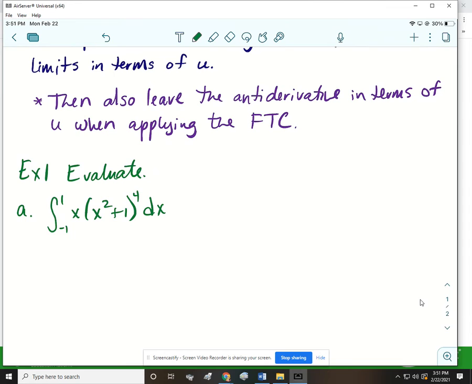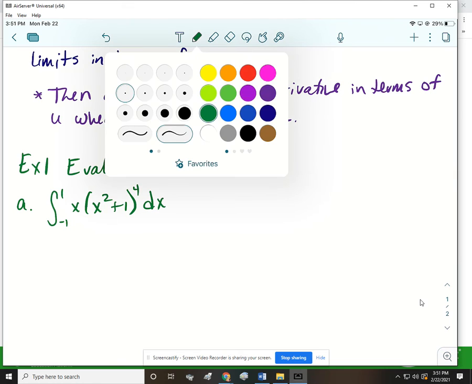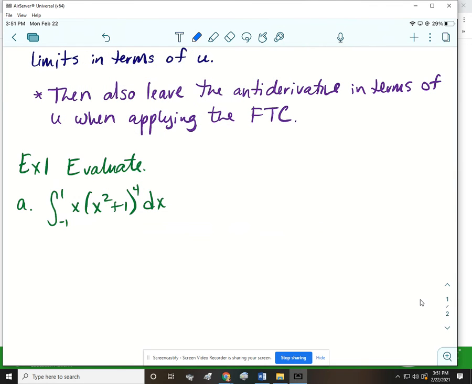Okay, so when you see that there is an inner function, we know we need to do u substitution. So first we'll figure out what the inner function is, and that's going to be u. So in this case, u is going to be x squared plus 1.